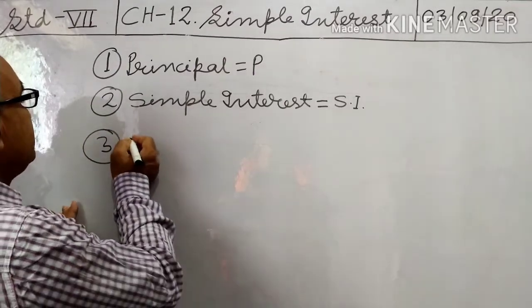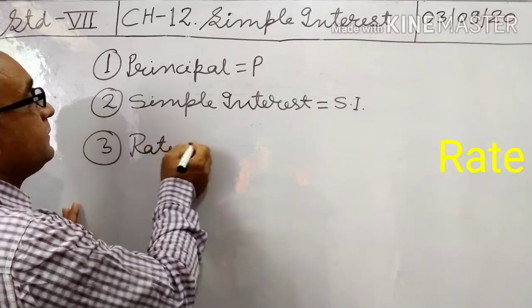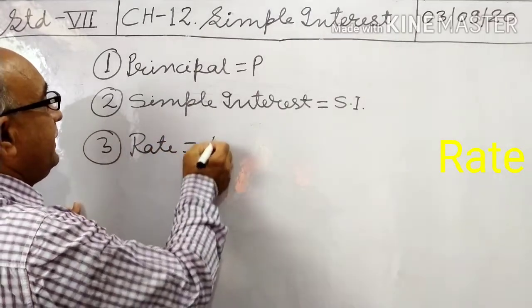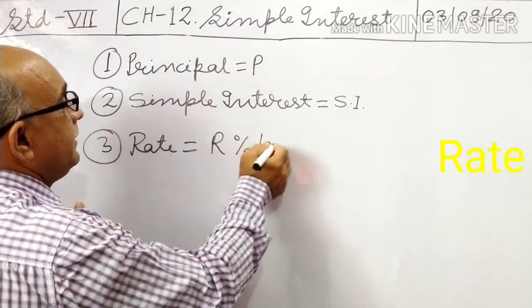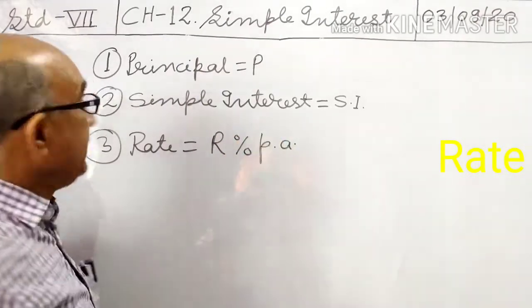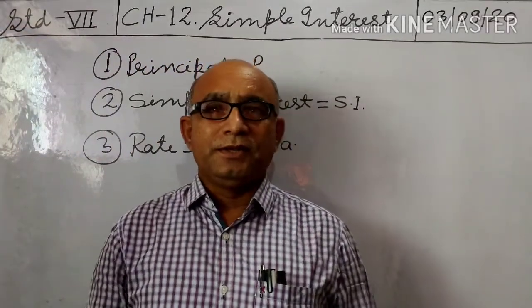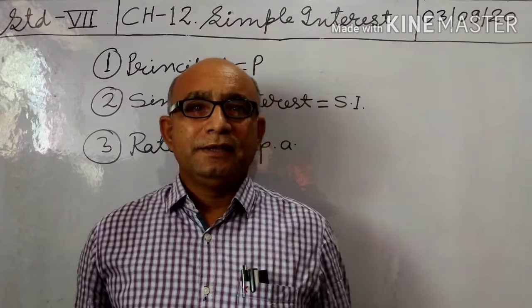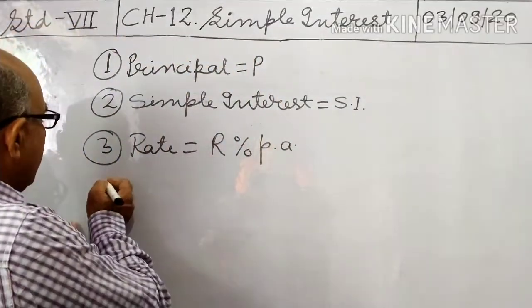Third term is rate. The symbol of rate is R% per annum. The interest on 100 rupees in 1 year is called the rate of principal.